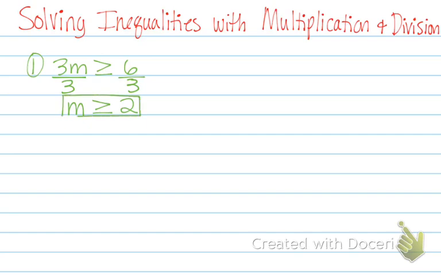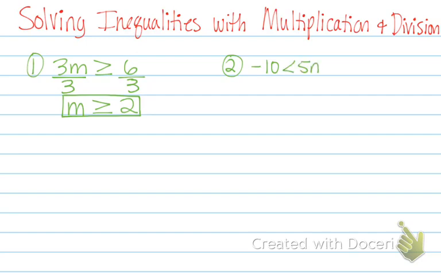So to undo multiplication, we use division. Now our second example: let's say we have negative 10 is less than 5n.